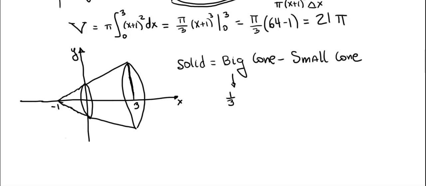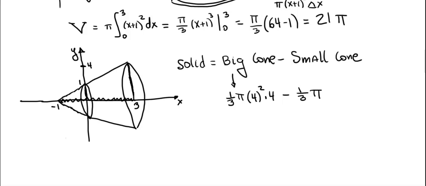We plug in 3 into the line x plus 1, we get 4. So it's 1/3 pi times radius squared times the height. The height of the big cone is the distance from -1 to 3, that's also 4. And then minus the small cone, 1/3 pi, its radius: we plug 0 into x plus 1, we get 1.